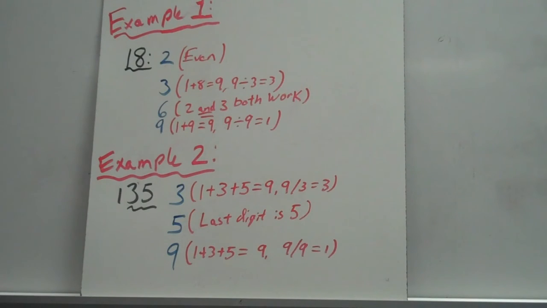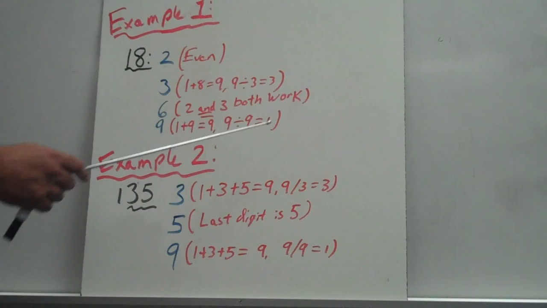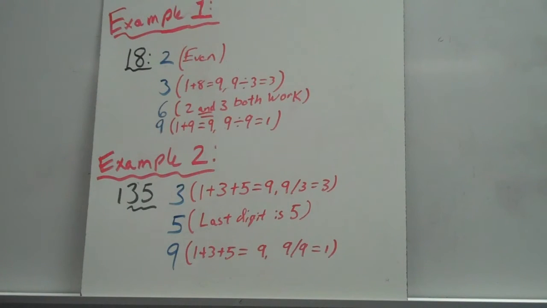So 3 evenly goes into 18. Because 2 and 3 both work, 6 works. And then if we look at 9, 1 plus 8 is equal to 9, and 9 divided by 9 is 1. So those are some of the numbers that are divisible into 18.